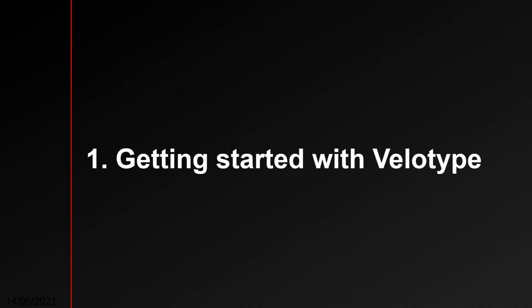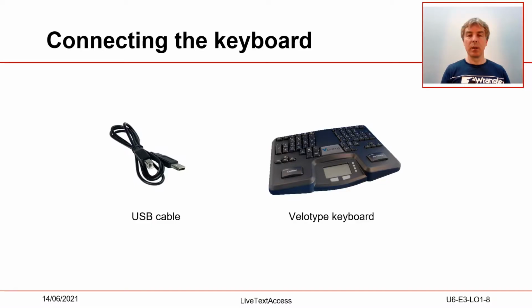Getting started with Velotype. The Velotype is recognized by the computer as a standard USB keyboard. It can directly be connected to the computer using the USB cable, and it is not necessary to install any drivers.